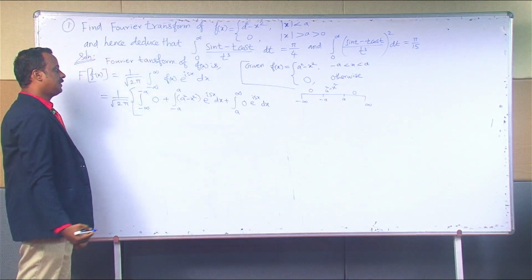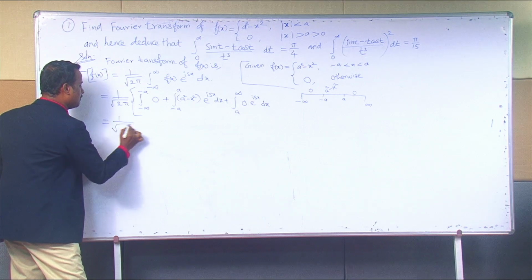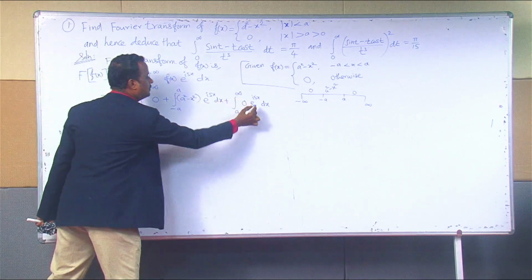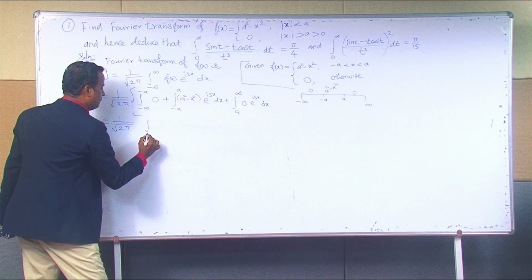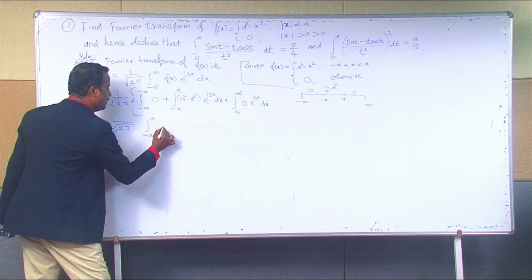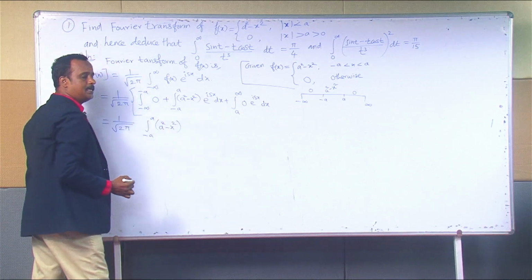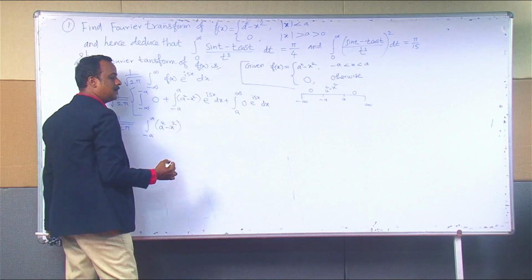By the definition of the given function, this is nothing but 1 divided by root of 2 pi, and the integral value is 0 in the other two ranges, so we can write it as integral minus a to plus a of a square minus x square into e power isx. The formula for e power i theta is cos theta plus i sin theta.